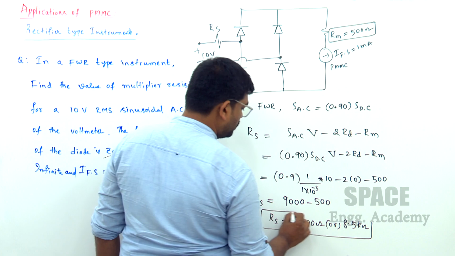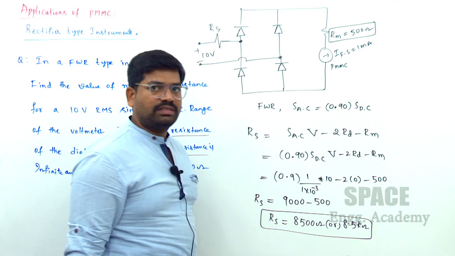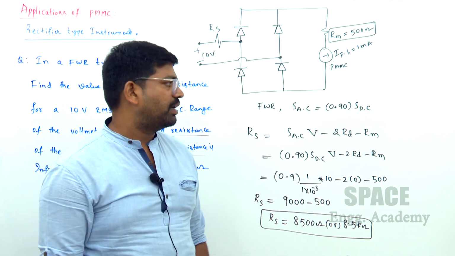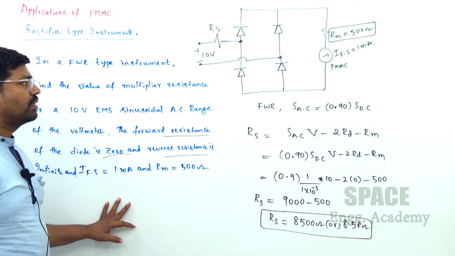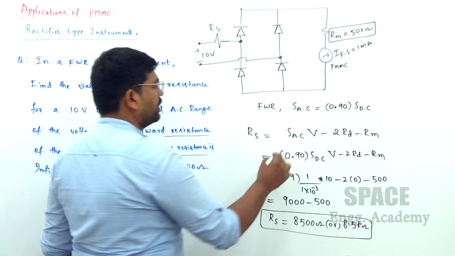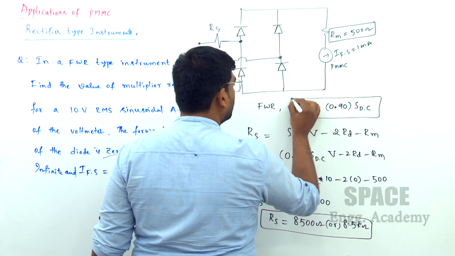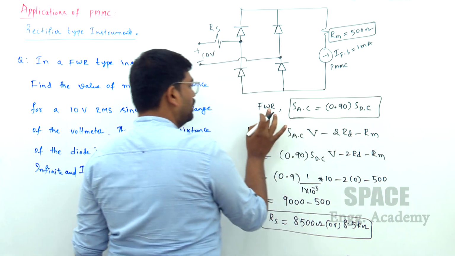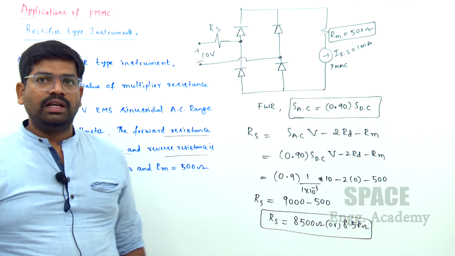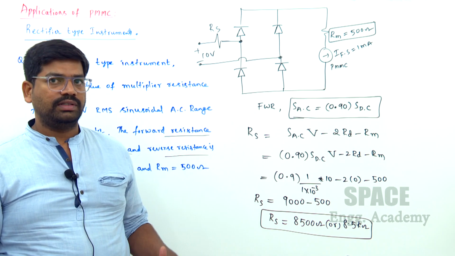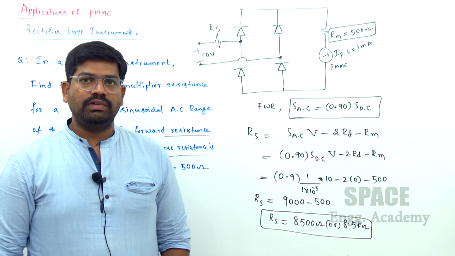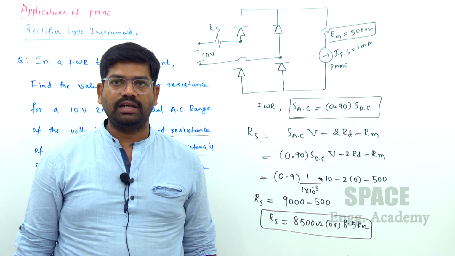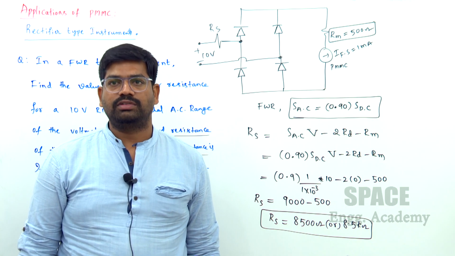Like this, if multiplier resistance is given, we can answer in this fashion. Okay, understood? This is the difference. If it is half wave rectifier, it is 45% of DC sensitivity. Full wave rectifier type means 90% of the sensitivity. Understood? So, we will have one more example related to rectifier type instrument.